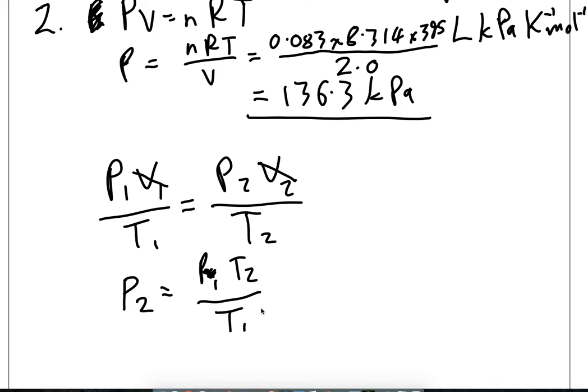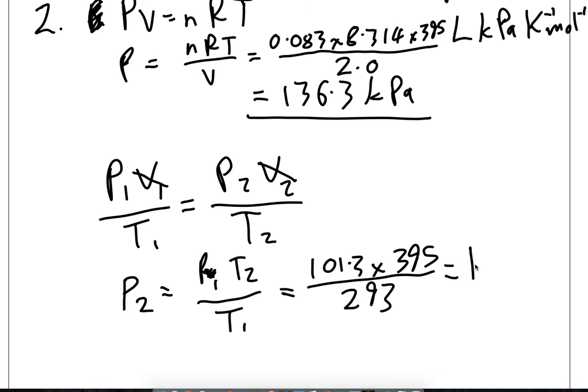P1 was our initial pressure, 101.3 kilopascals, times T2, our new temperature, 395, over T1, our old temperature, 293, which equals 137 kilopascals within rounding, and within rounding error, that's the same answer as we got up here.